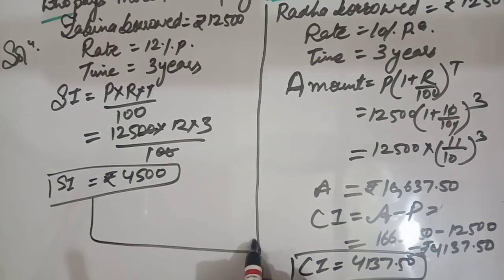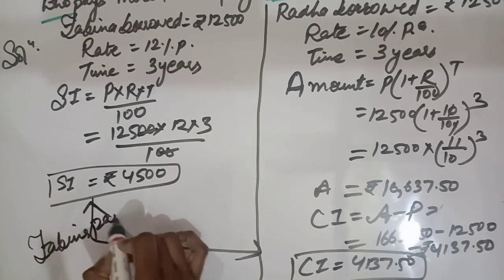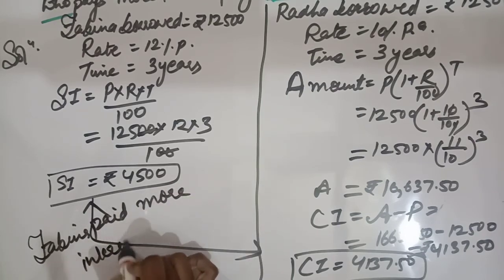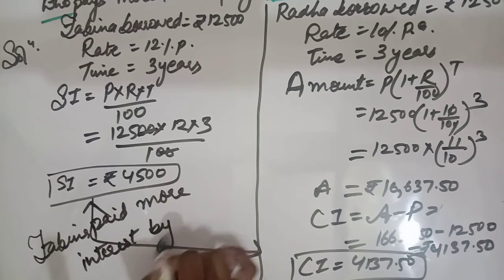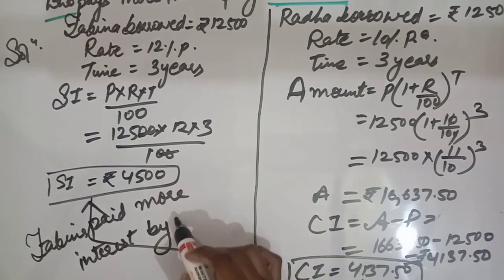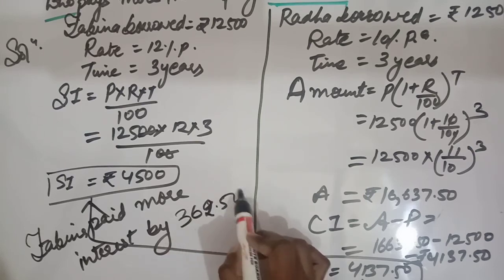So by comparing these two, we will say Fabina paid more interest. By how much? Subtract both the interests and we will get 362.50.